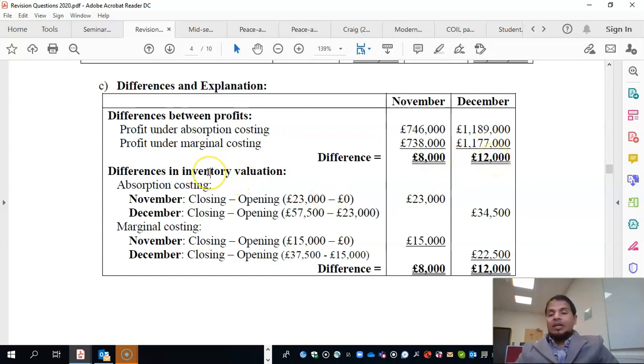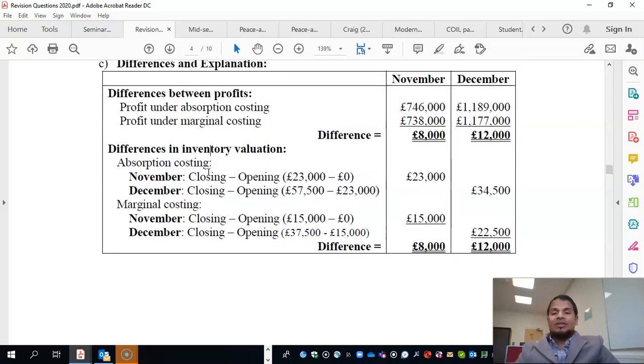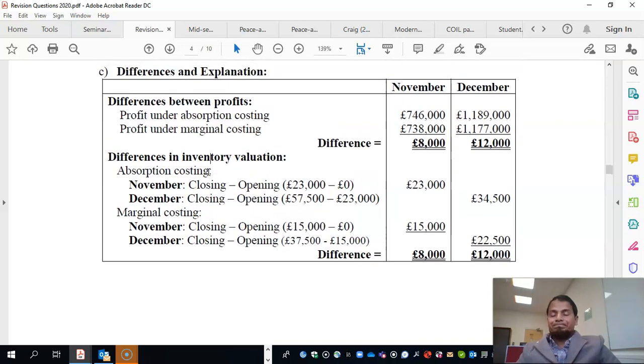All right, and then let's see what the difference is between inventory valuation in November. Closing minus opening in November is 23,000 under absorption costing, remember. So we have to recognize absorption costing first here. And again, December closing minus opening is 34,500.